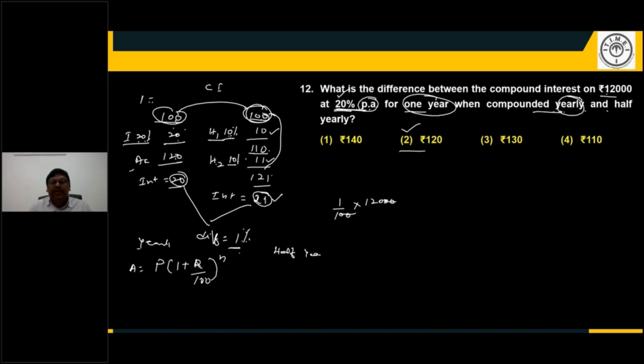Amount is equal to P into 1 plus R by 200, because it's compounding half yearly, whole power 2n. So here you can write the total amount is 12,000 into 1 plus 20 by 100 whole power 1. Here 12,000 into 1 plus 20 by 200 whole power 2, because you are compounding half yearly.